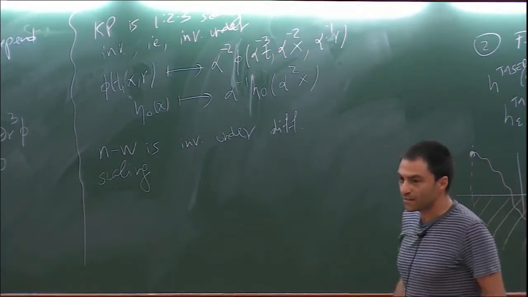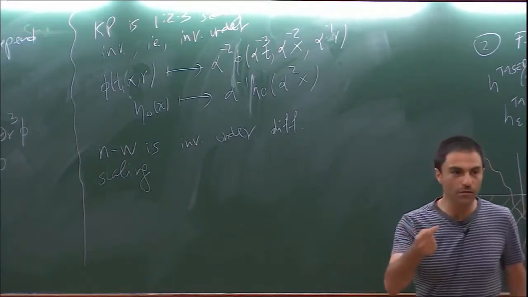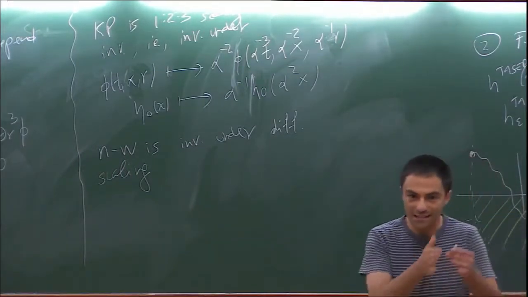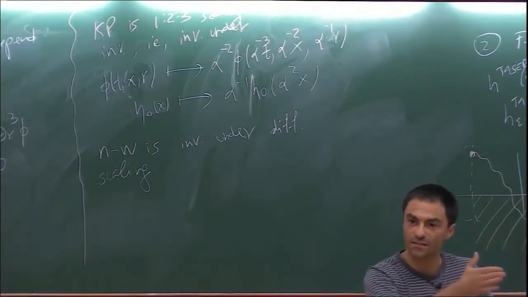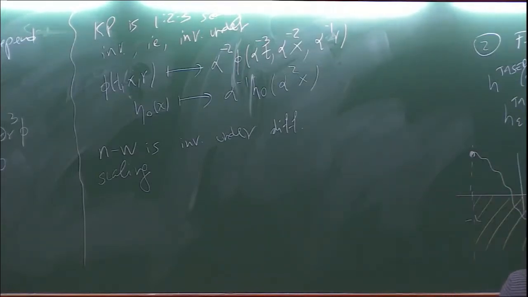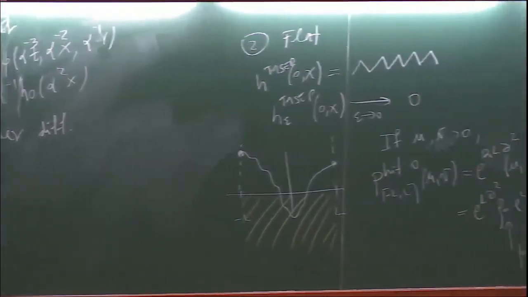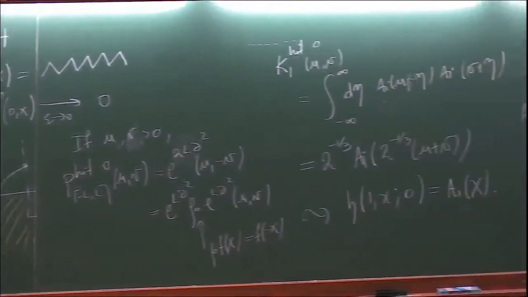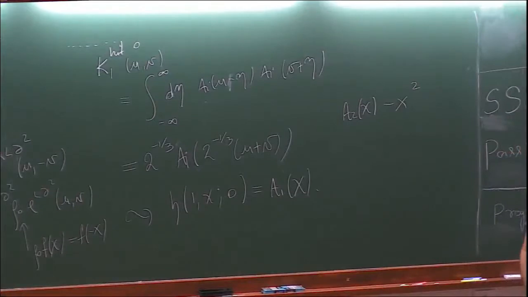And as Leandro was saying, I have one more piece of information about narrow wedge. I know exactly how it depends on x, right? I just erased it, but I know that h in that case looks like, there's going to be some t's, but let's forget about the t's for now. It looks like Airy2 minus a parabola.